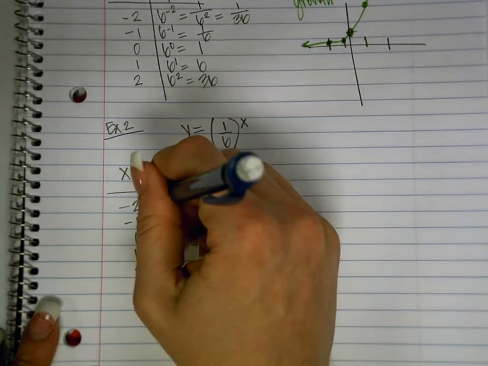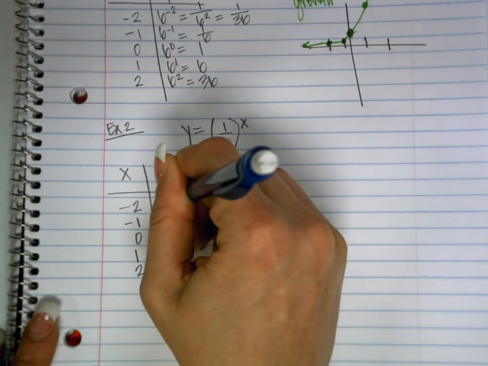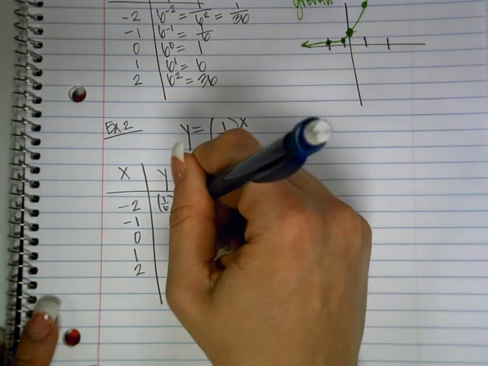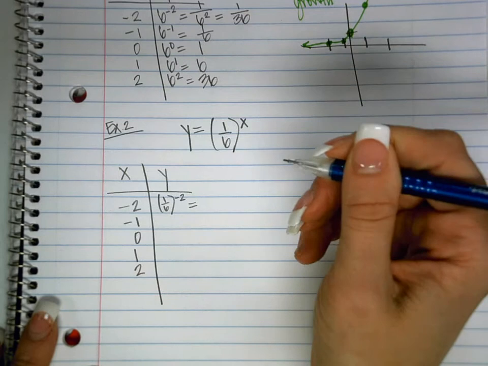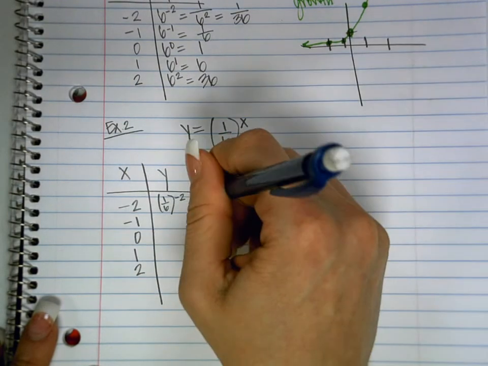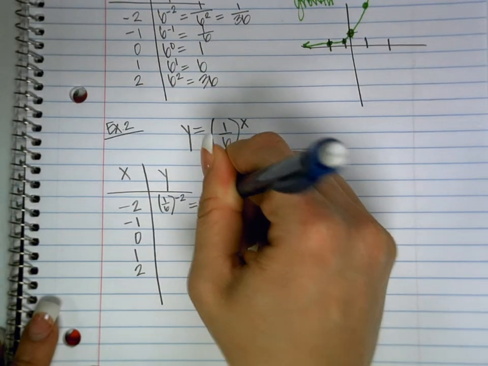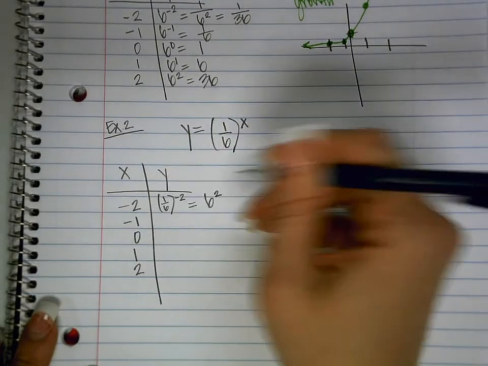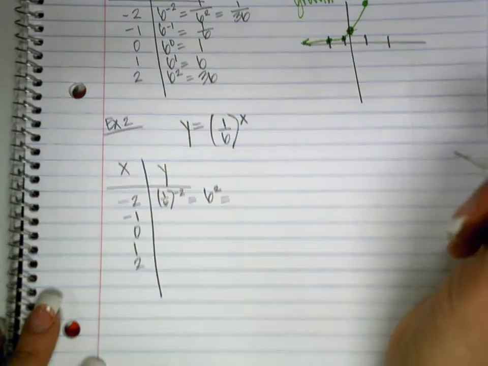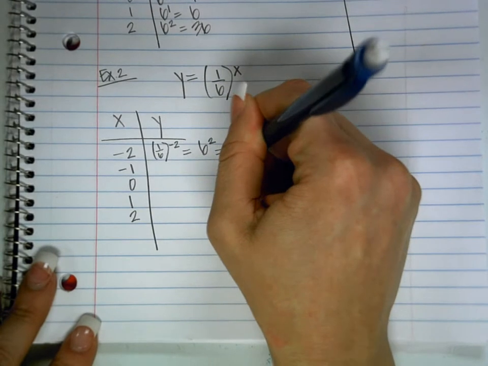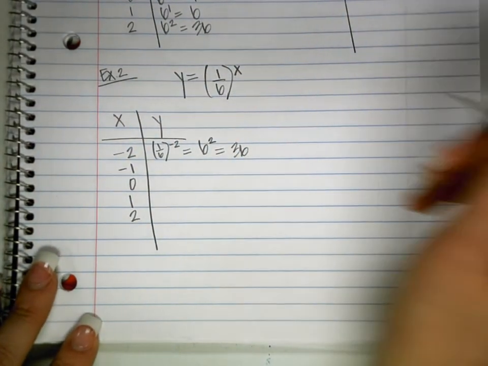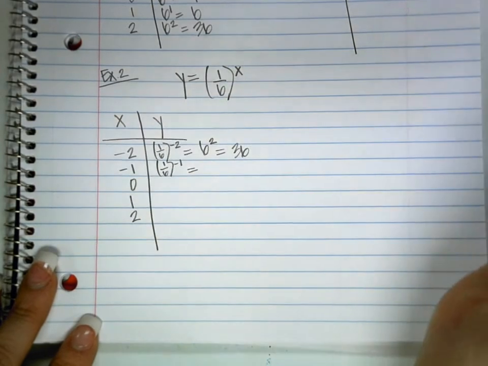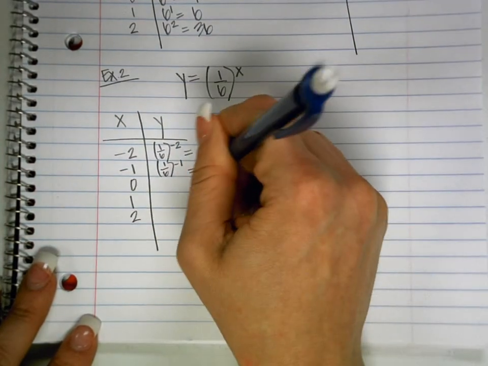And then we're just going to plug in to find the point. So if I plug in 1/6 to the -2, what happens there? It flips it, exactly. This becomes 6 squared, to the +2. Okay, they switch places. What is 6 squared? 36. How about if I plug in 1/6 to the -1? What does that equal? 6.